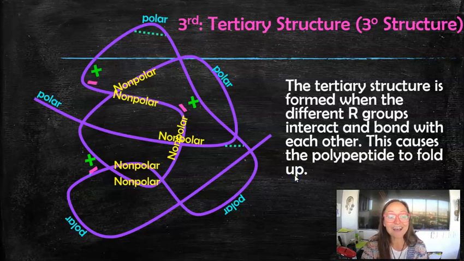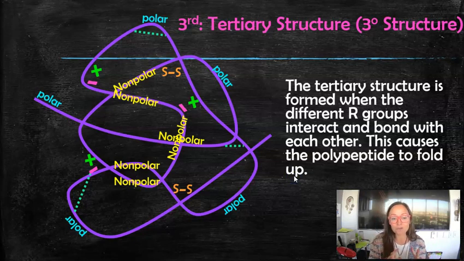There are still some hydrogen bonds left over from the secondary structure, but new hydrogen bonds can form. And then 2 out of the 20 amino acids have sulfurs. So when 2 sulfurs come together, they can form a disulfide bridge, which is a covalent bond, which really does stabilize this tertiary structure.